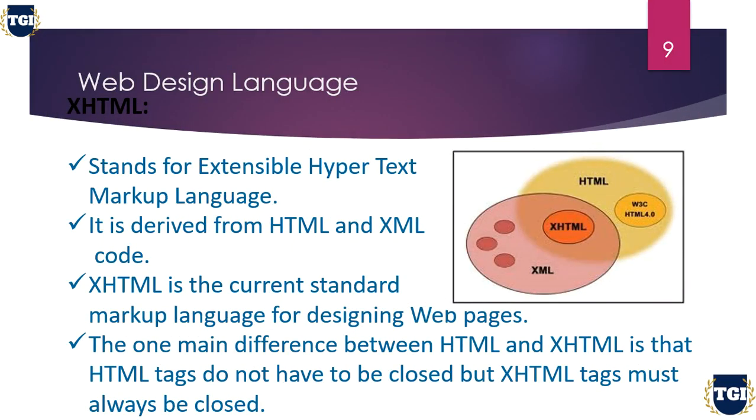So now let's look at XHTML. This stands for Extensible Hypertext Markup Language. It derives from HTML and XML coding, as I initially mentioned. XHTML is the current standard markup language for designing web pages. The main difference between HTML and XHTML is that HTML tags do not have to be closed, but XHTML tags must always be closed.